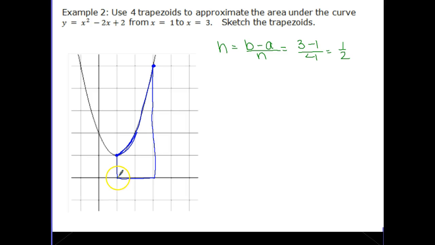That means I need to know the function value at 1, at 1.5, at 2, at 2.5, and 3. So go ahead, get out your calculator and plug those in. These are going to be kind of gross on your quadratic. Maybe not 1, but the other ones.